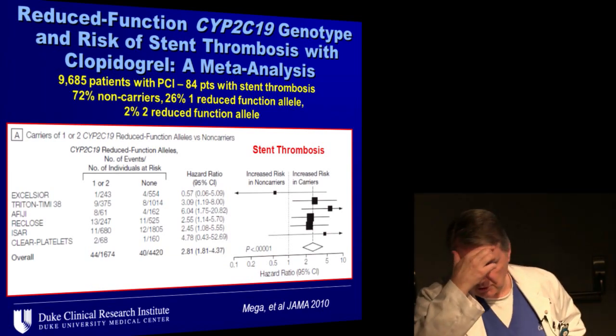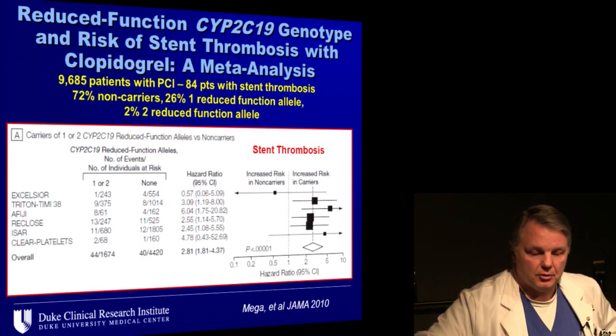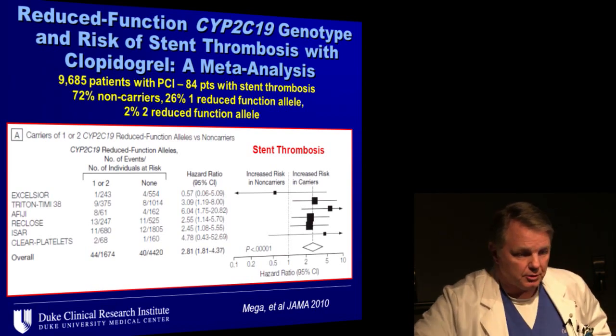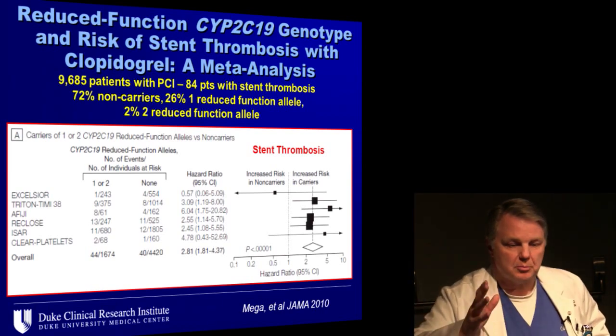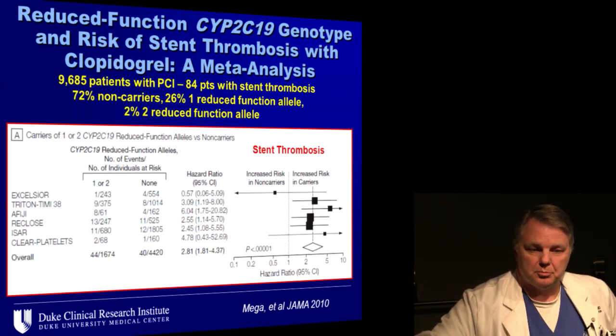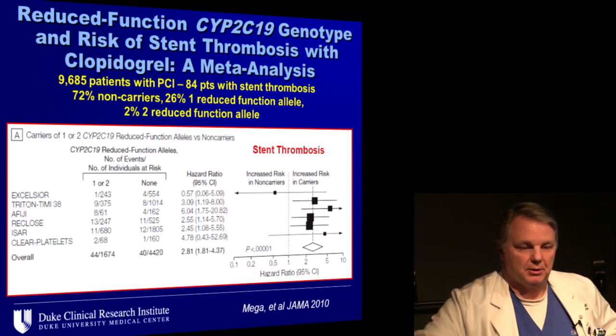And all of you are familiar with the CYP2C19 genotype and the risk for stent thrombosis. This is a paper by Jessica Mega, published now 2 years ago, that looked at the increased rate, which is about 2 to 5-fold higher if you're a CYP2C19 poor metabolizer.